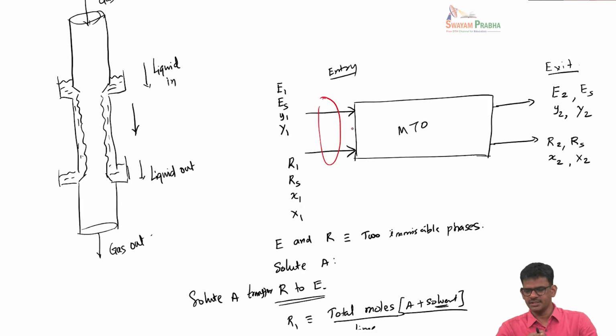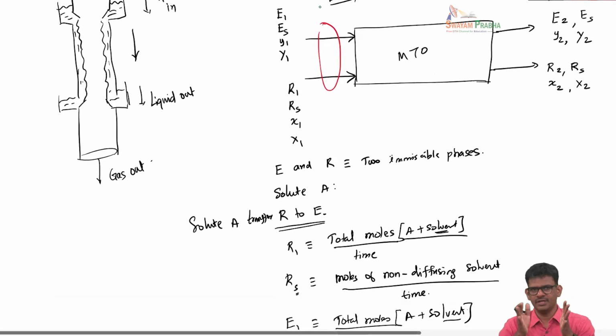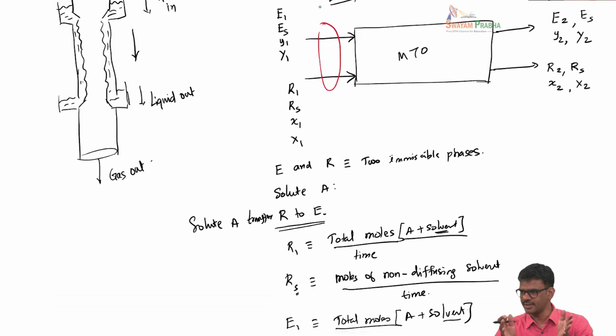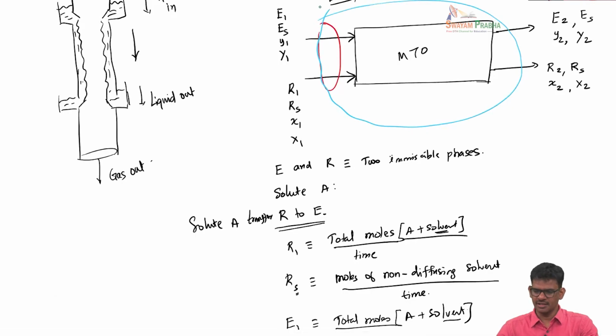You can see this at all four arrows: two arrows for the entry of the two phases, two arrows for the exits. When we do a mass balance, we need a control surface over which we write it. So imagine a control surface shown by this blue line, and here you are going to write the mass balance.